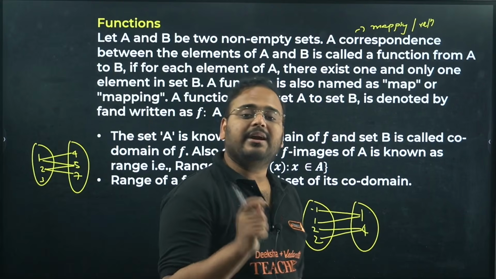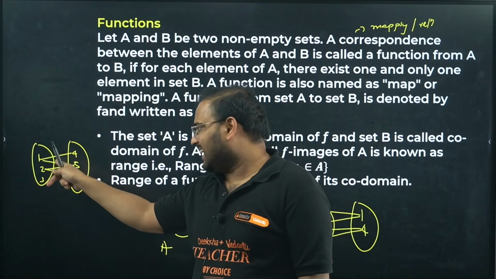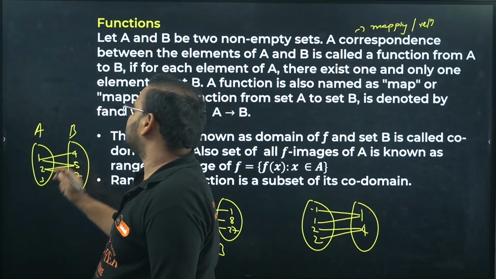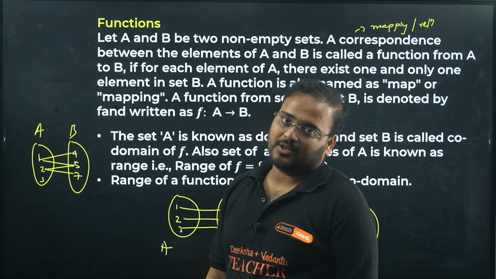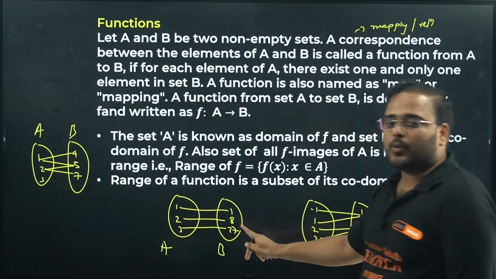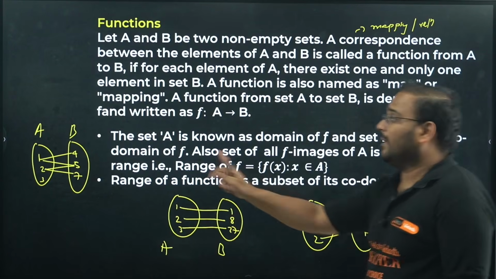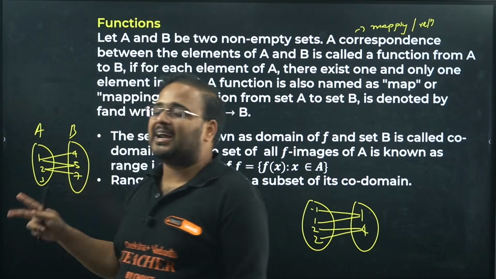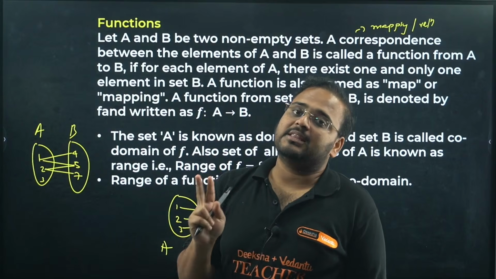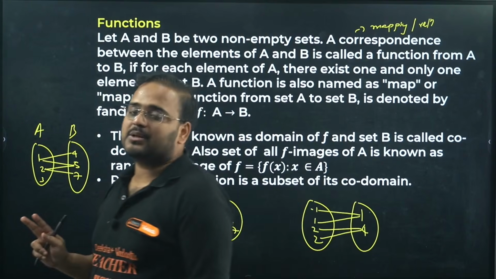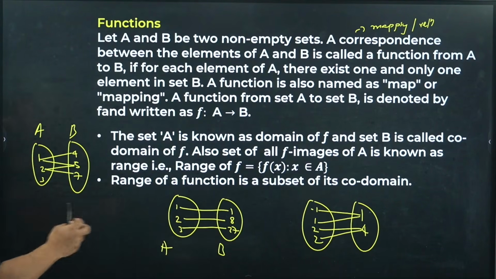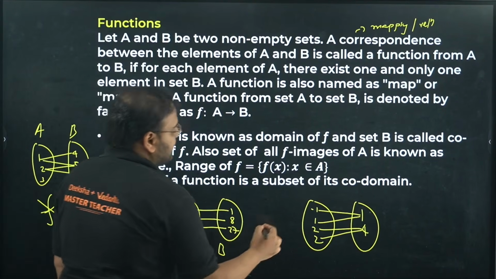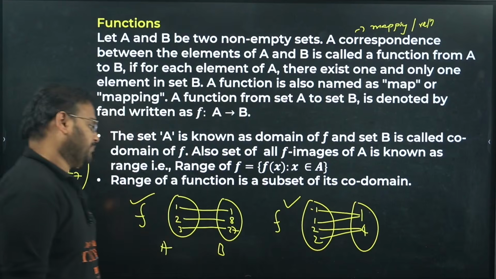A single element in set A will not have two distinct images in set B. One-one is okay, many-one is also okay, but one-many, no. A single element in the domain will not have two distinct images in the codomain. Is it making sense now? I have given you all the mappings; this is not a function, this is a function, and so is this. Getting it?